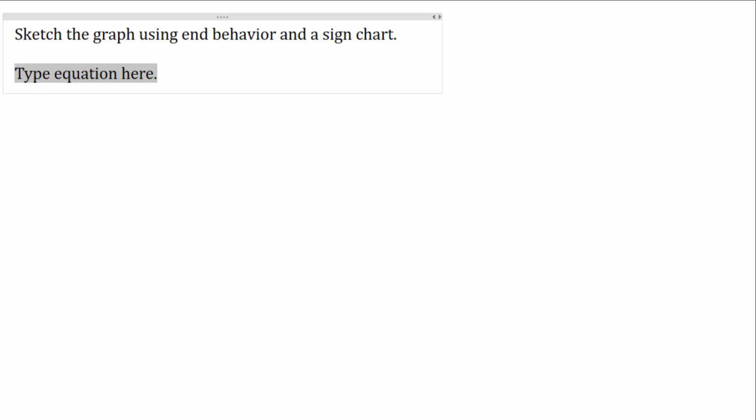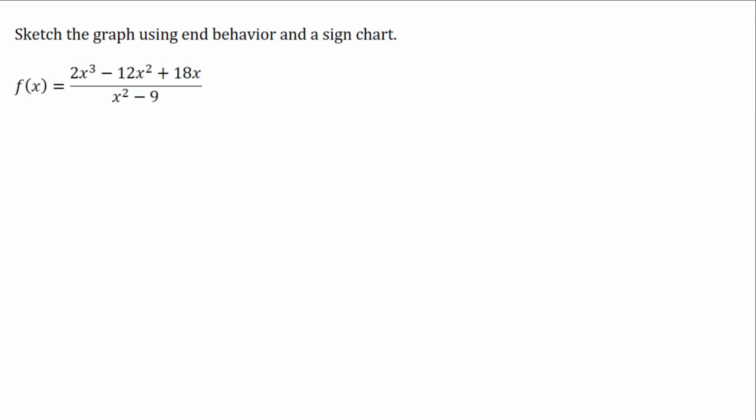Okay, so the function here is f of x equals the fraction 2x cubed minus 12x squared plus 18x over x squared minus 9. And unfortunately, this time the polynomials are not factored. I don't want to bore you with how to factor these.